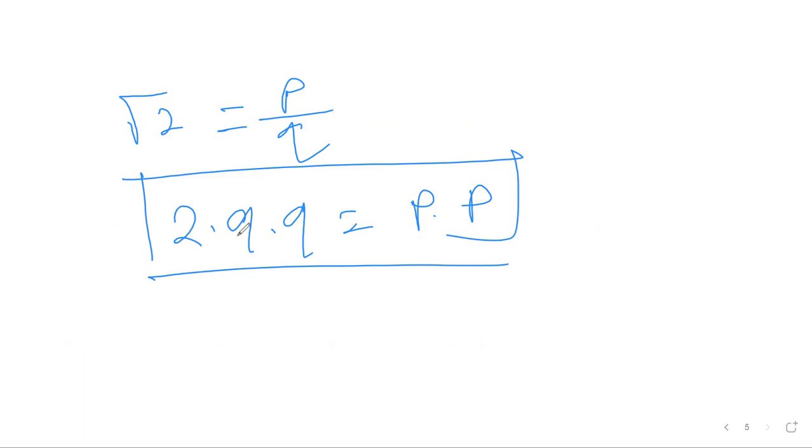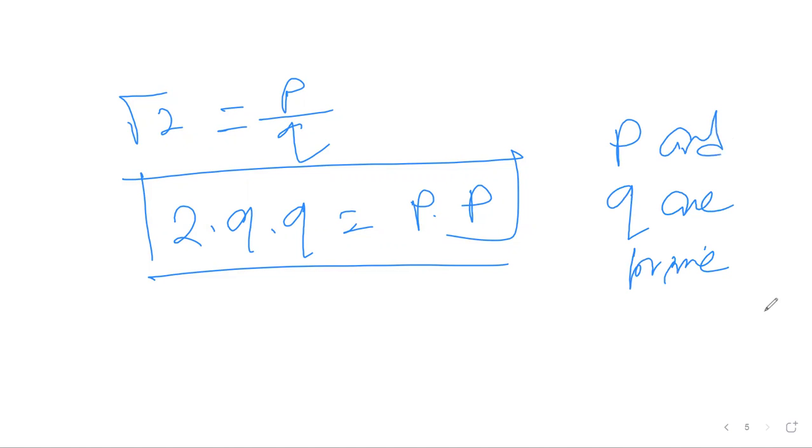Here we have, if P and Q are prime, then we get a product of 3 primes equal to a product of 2 primes. So it gives me a contradiction, that it is not possible, right?